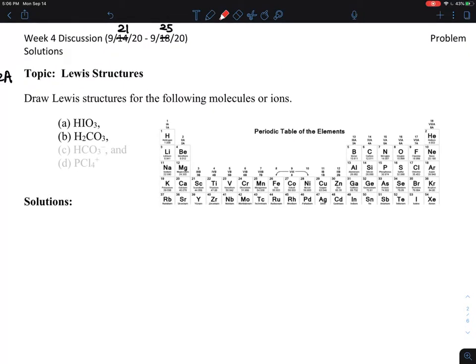So the first job is trying to find out where hydrogen is. Iodine is located right here, and then the oxygen is right there. So therefore, you are going to count the number of valence electrons, and that's the first thing to do for this calculation.